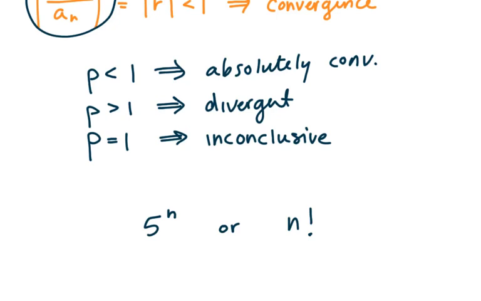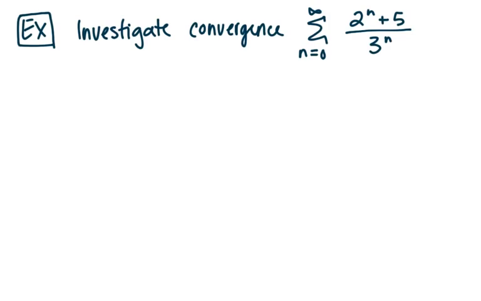So let's do an example here. We need to investigate the convergence of this series from 0 to infinity of 2 to the n power plus 5 divided by 3 to the n power. So in this example, you see we have a number raised to that variable power n. So we're going to apply the ratio test.